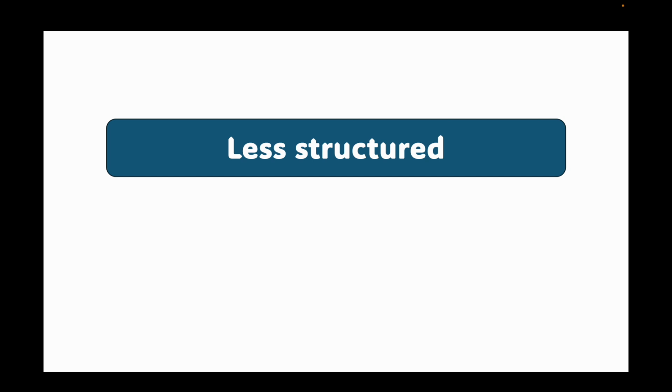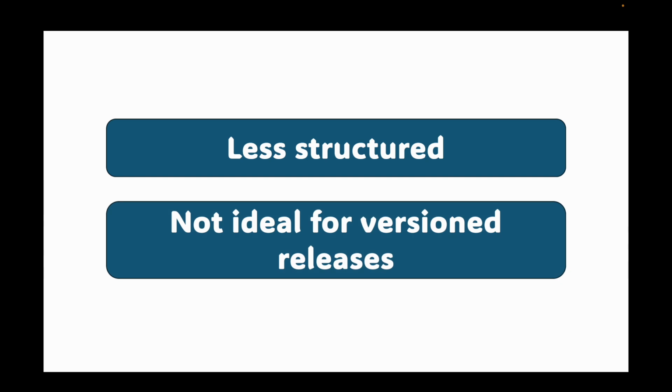Now this also has a few cons. So this is less structured, and can lead to a messy commit history on the main branch if it is not managed well, because you only have the main branch and the feature branches. And this is not ideal for versioned releases. So it's hard to track strict version numbers with this model.